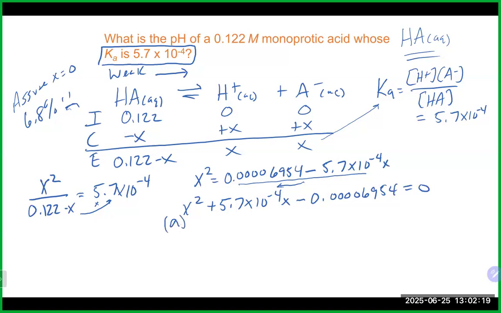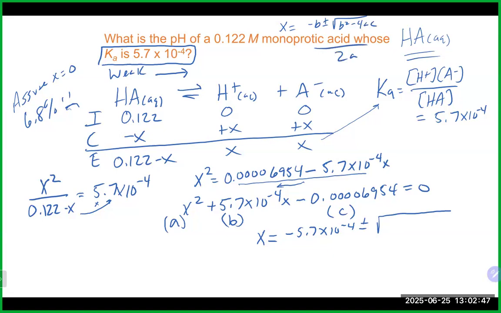Our a, b, and c. Remember, you do need to take the negative with the c when you go into it. So we're going to go into x equals minus b, so that's minus 5.7 times 10 to the minus 4, plus or minus the square root. Again, it is x equals minus b plus or minus the square root of b squared minus 4ac, divided by 2a.